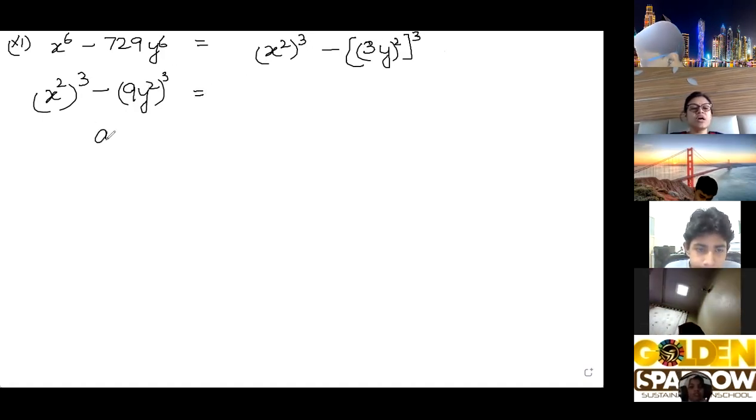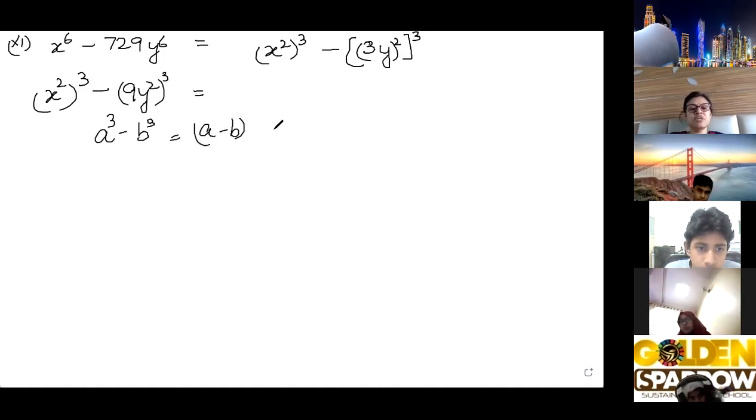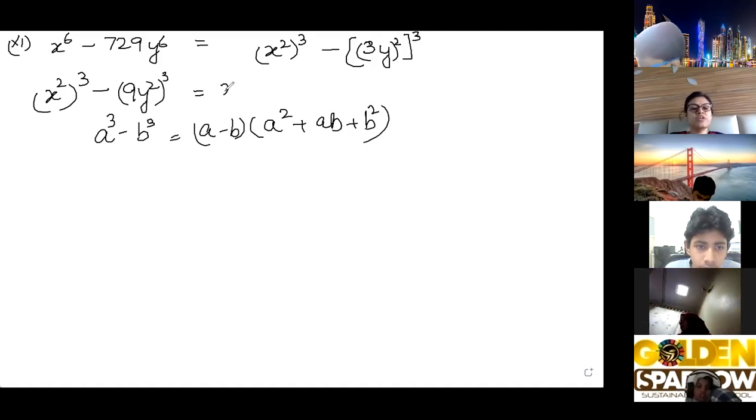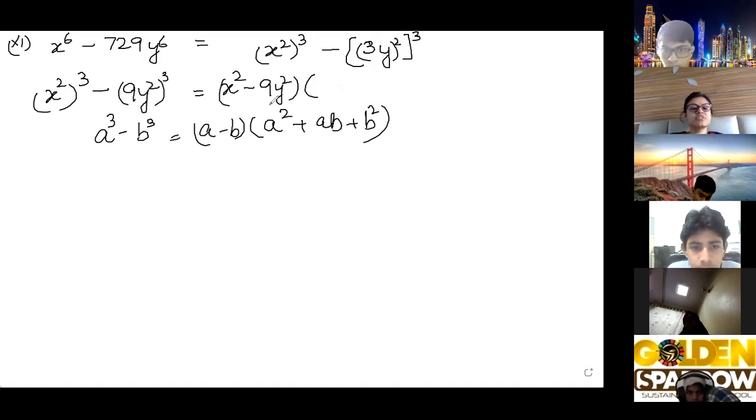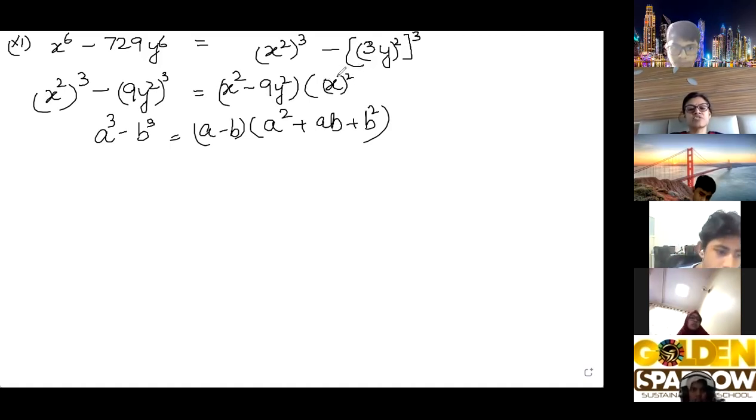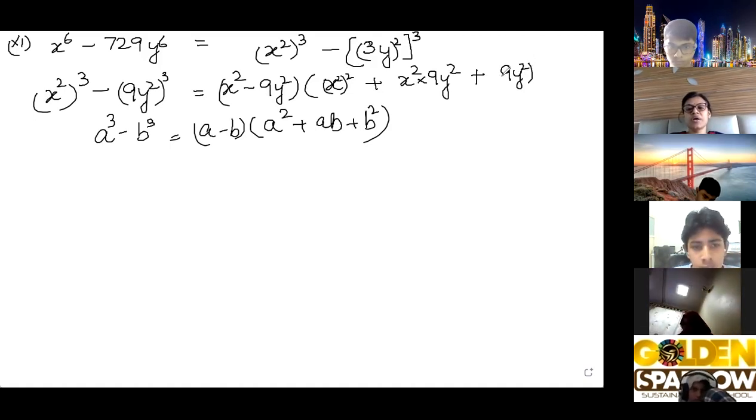Now using the formula a cube minus b cube is (a minus b)(a square plus ab plus b square). Here a is x square, so x square minus 9y square is the first term. Second term: x square whole square becomes x raised to 4, plus ab, where a is x square and b is 9y square, plus b square, which is 9y square whole square.